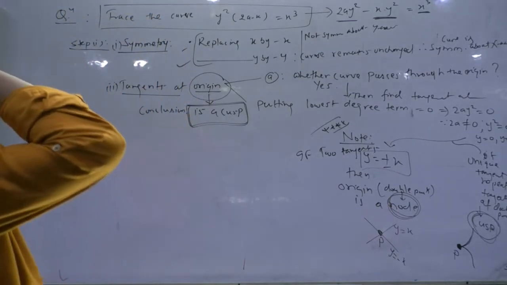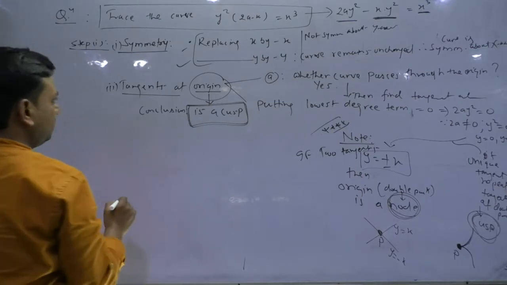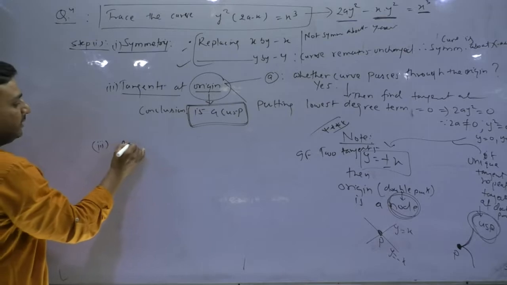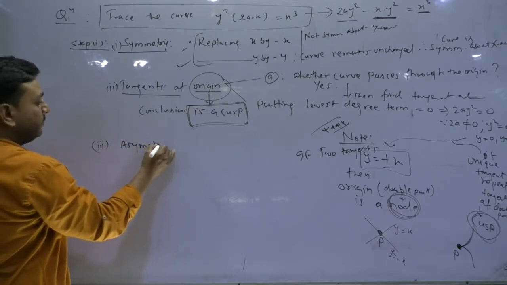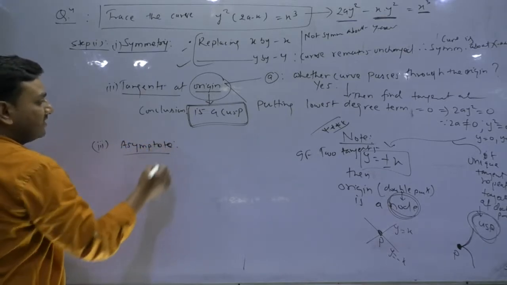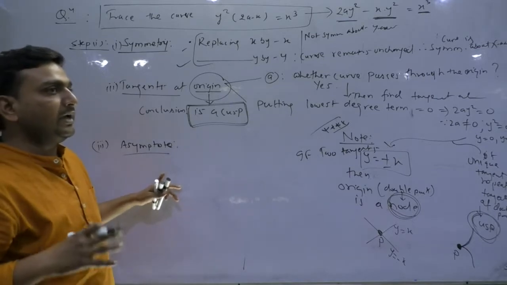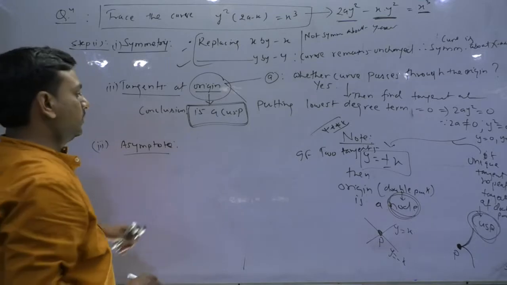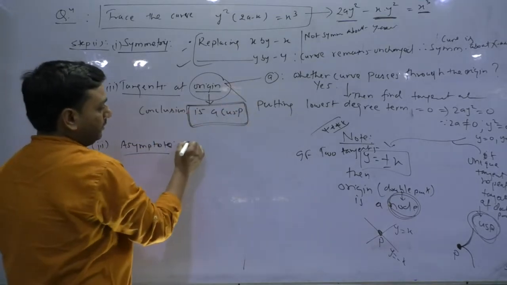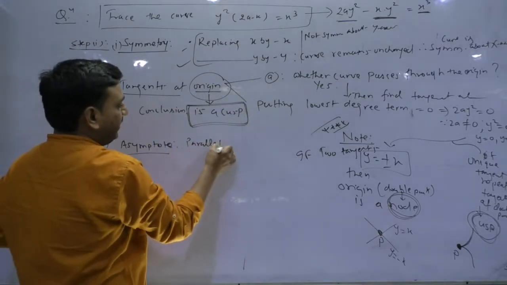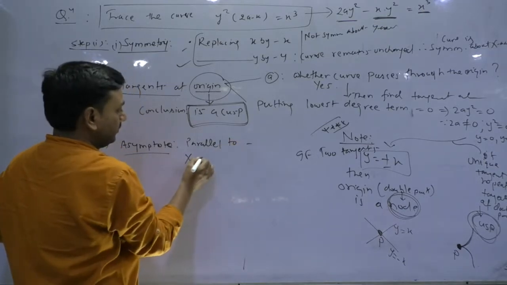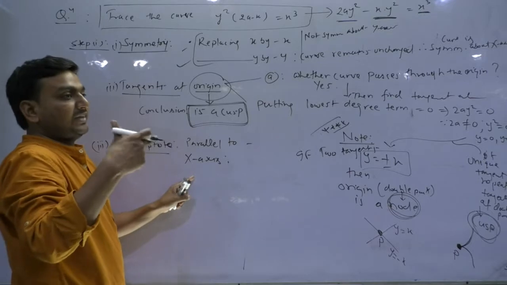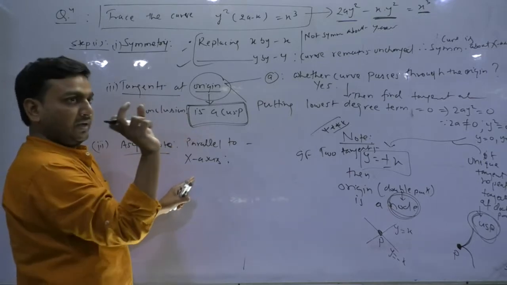चलो, let's go. Third component. And what is third component here? That is asymptote. Generally, we find asymptotes parallel to coordinate axis. So here we want to find parallel to x axis. क्या करेंगे? Coefficient of highest degree term in x.